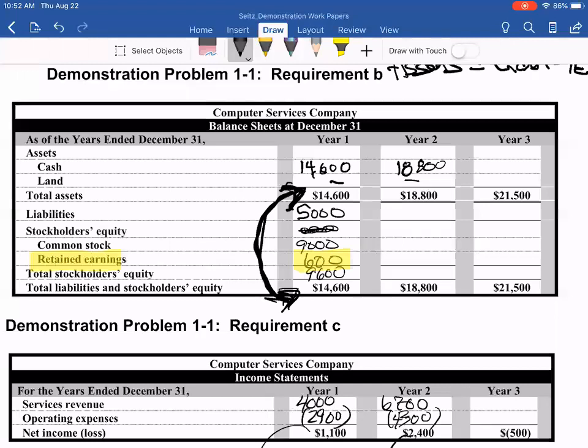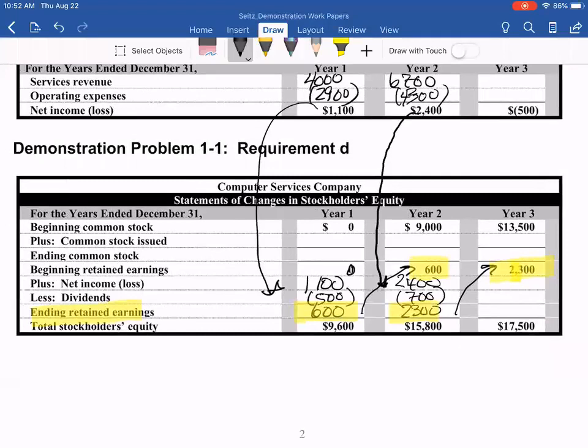My liabilities at the end of year 2 were 3,000 because I paid some down. My common stock, I'll calculate that because I didn't do that for year 1. So we added 9,000 common stock in year 1. So that left my balance at 9,000 at the end of the year. This is the number that carries forward. So I have a beginning balance of 9,000.